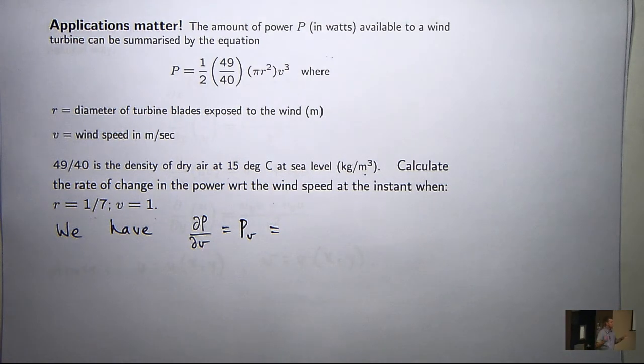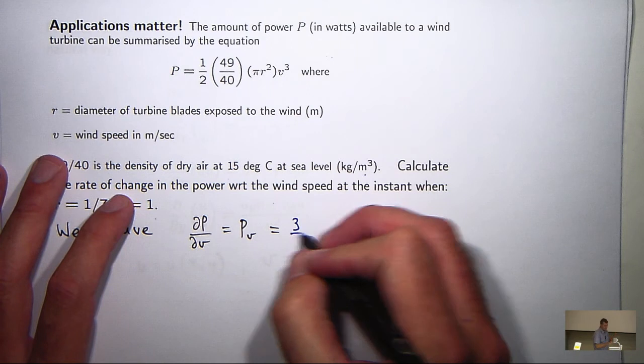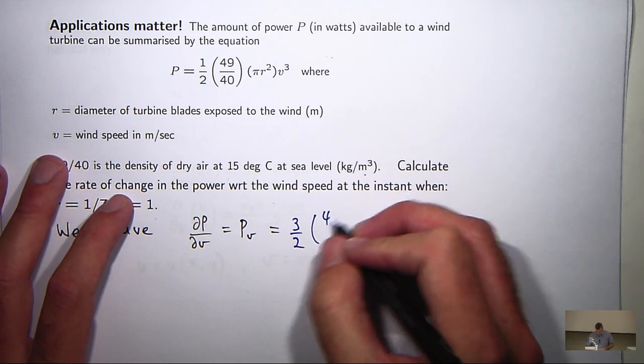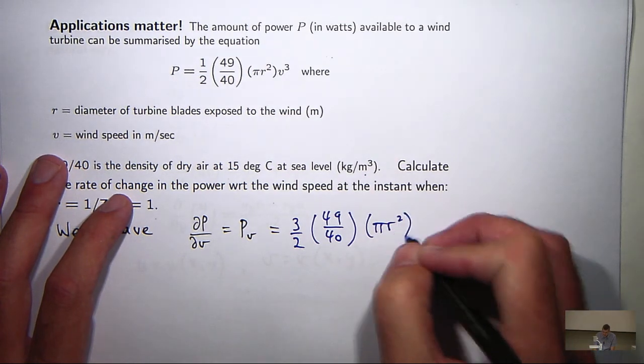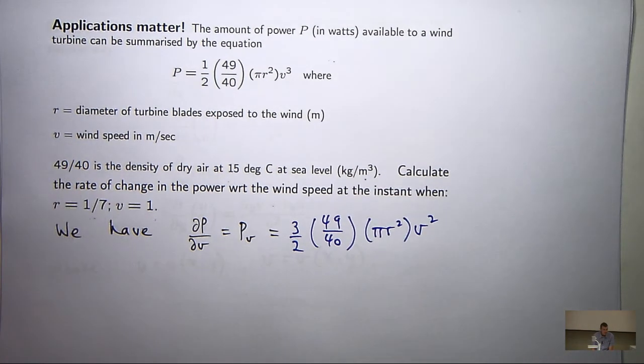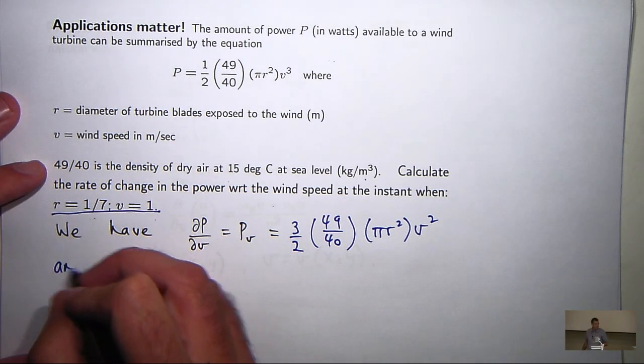But I'm interested in the rate of change at a certain point in time, or a certain instant. So I need to sub in these two values. If I sub in here, I'm going to get something like this.